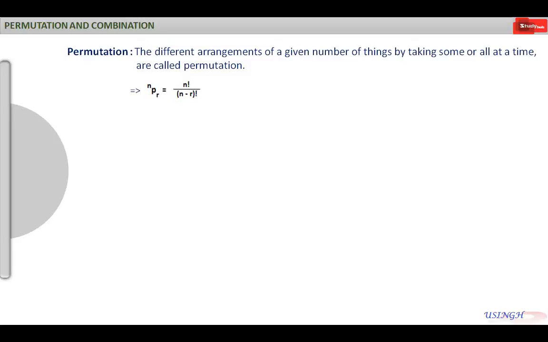We can expand it into a formula, that is n factorial divided by (n minus r) factorial. Now if r equals n, meaning nPn, then we can directly calculate it as n factorial.